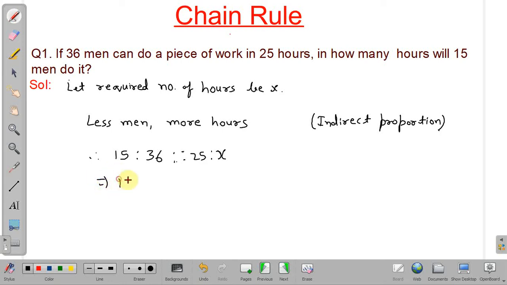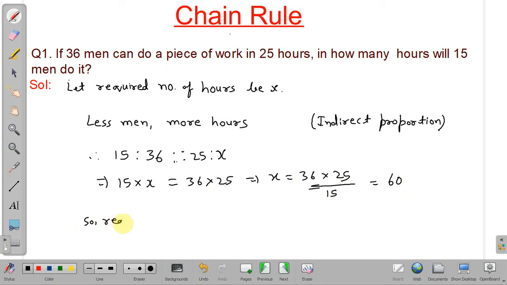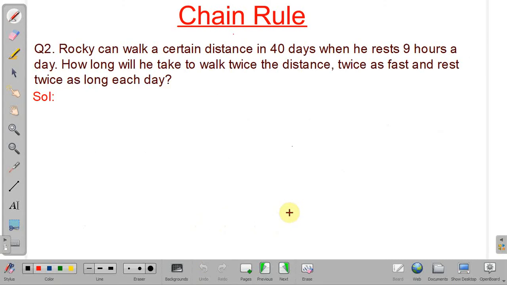So from here 15 into x will be equal to 36 into 25, and from this we can find x as 36 into 25 divided by 15, and it will be equal to 60. So the required number of hours is 60.